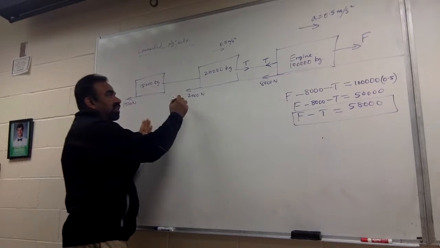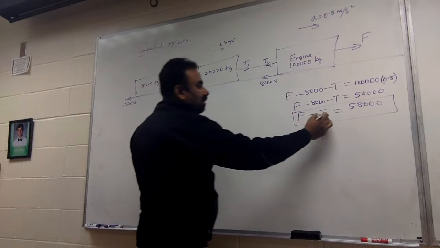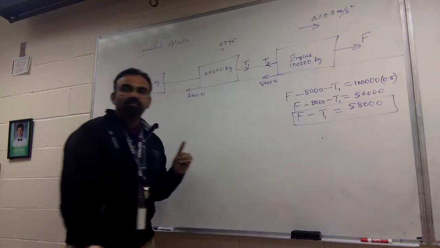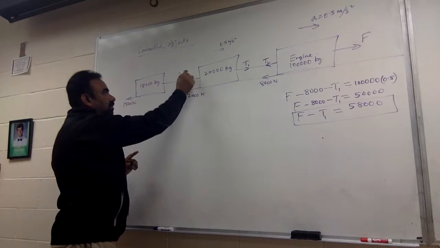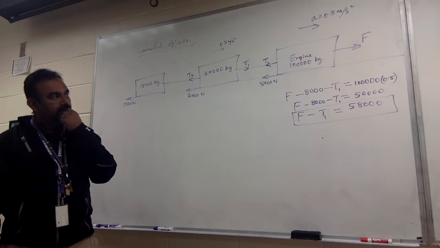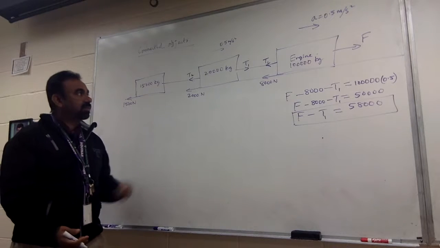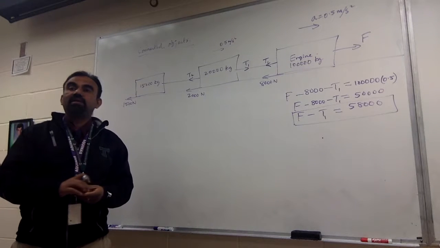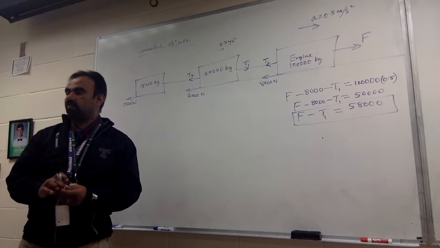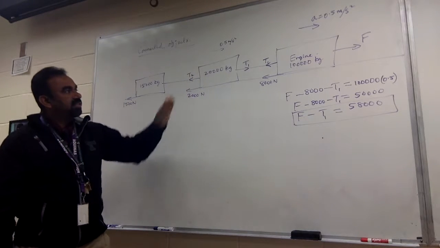So this is a different tension. Therefore, I have to now call this one T1 and this one T2, because there are more than one string, so I have to now classify the tensions differently. All right, so that's tension T2, and everything is ready.